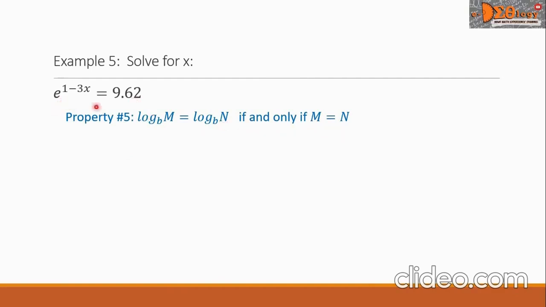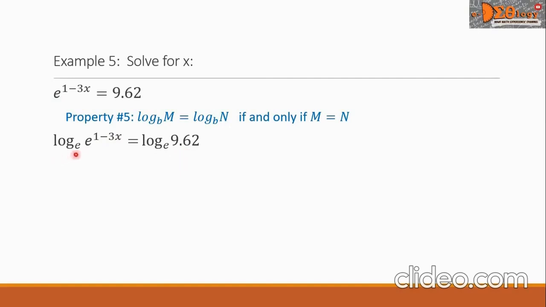In this equation, we are going to apply logarithm to both sides of the equation. But since the base is the variable e, we are going to apply a log with base e. So we have log of e raised to 1 minus 3x to base e equals log of 9.62 to base e.